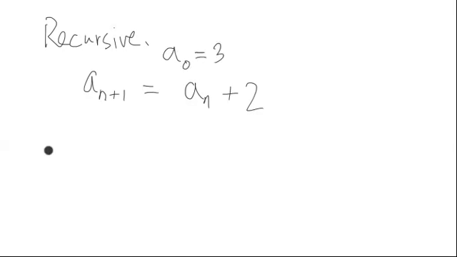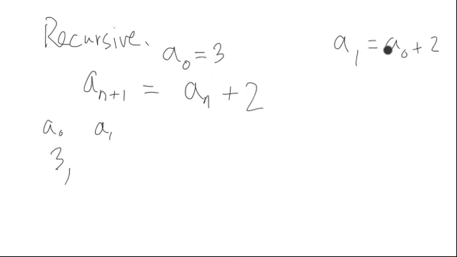So what does this look like? Well, you start at 3, and then to get to the next guy, so that's a sub 0, a1, let's see what that would mean. That would mean looking at this formula and throwing in a 0 for n. So you see an a1. So a1, because you let n be 0, you'd have a0 plus 2.